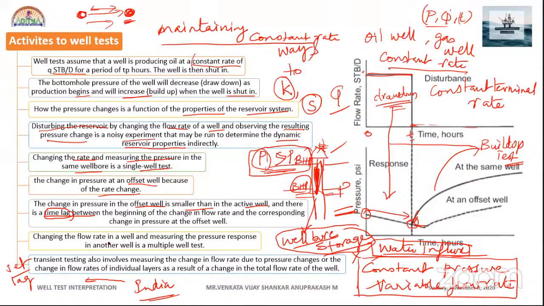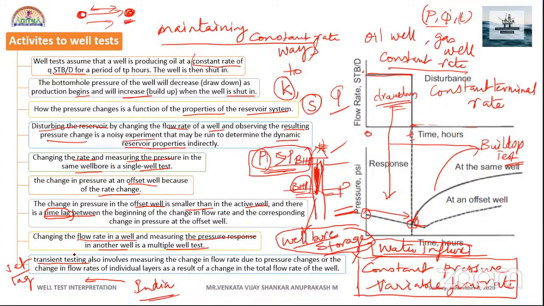So changing the flow rate in a well and measuring the pressure response in another well is called a multiple well test. Anyway, don't worry, we'll be going into detail; I'm just giving what are the things we can get from your well test. So what is this transient?